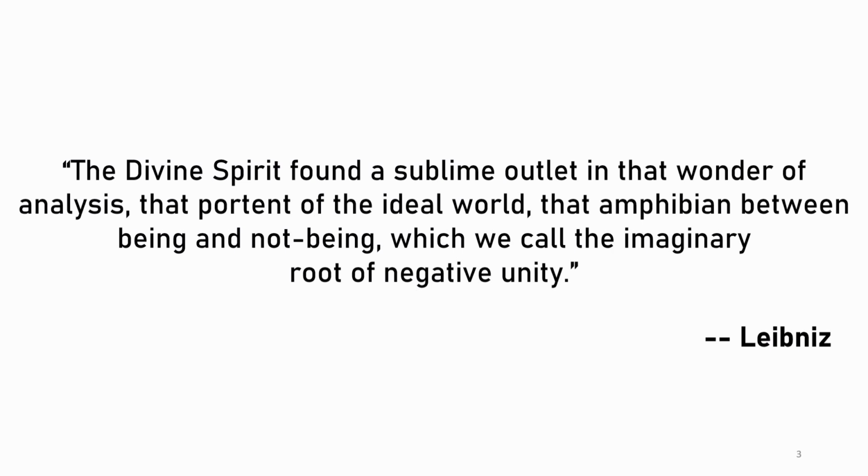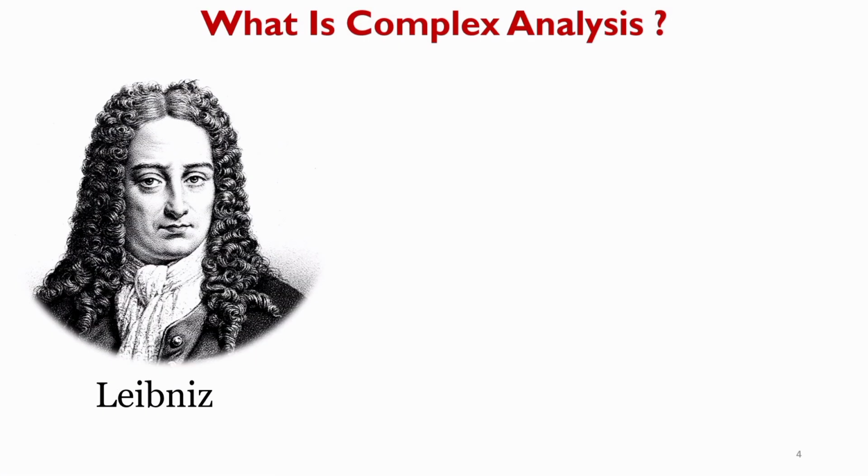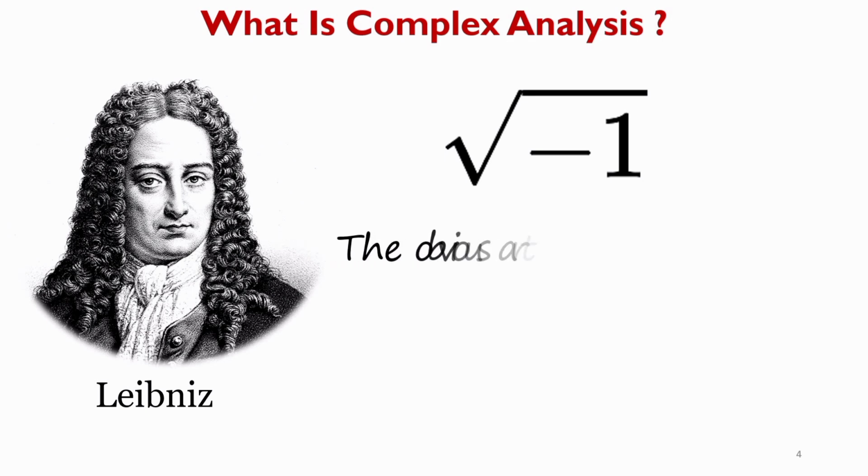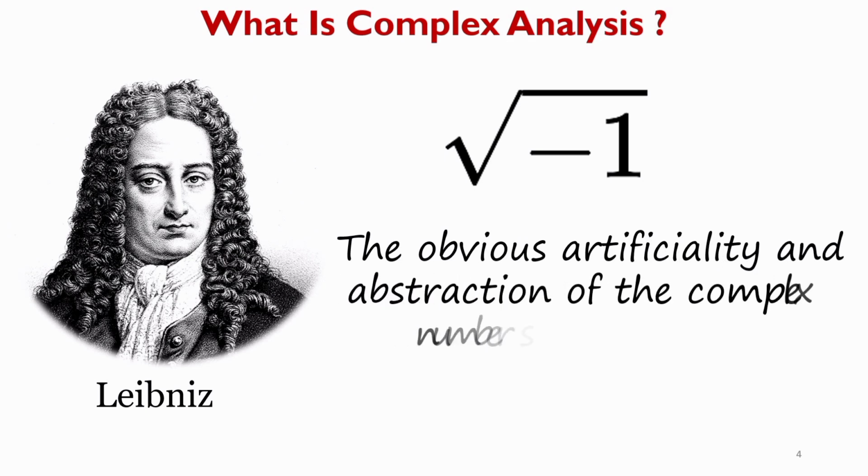So the divine spirit finally found an outlet, almost like an amphibian living both in water and on land, which is being and not being, and we call it the imaginary root of negative unity. This divine spirit found a sublime outlet in that wonder world of analysis. It was around 1702 that Leibniz made this quotation.